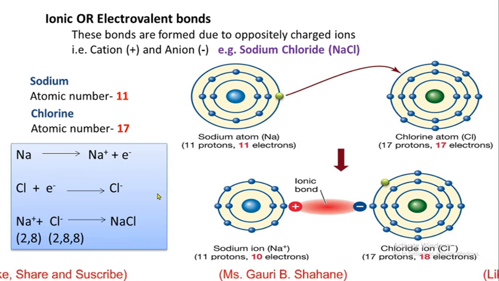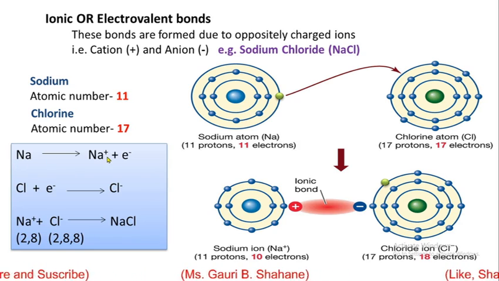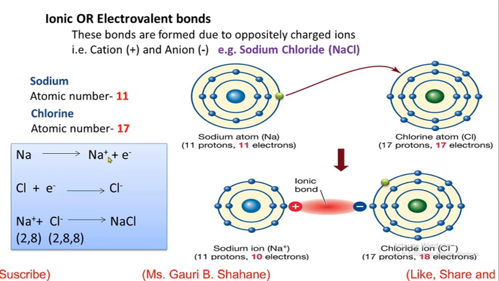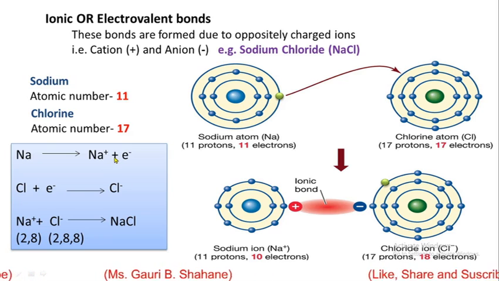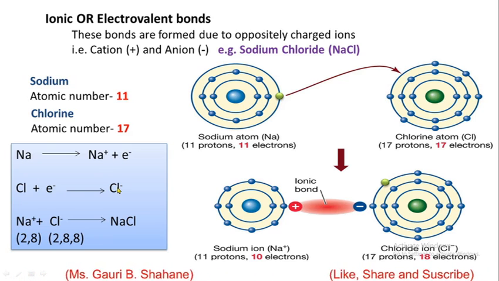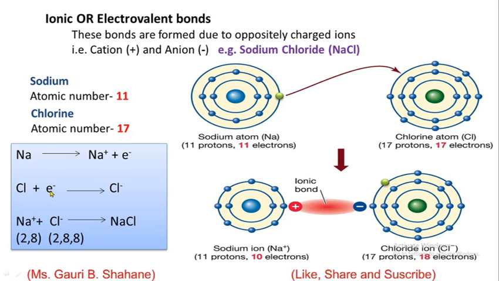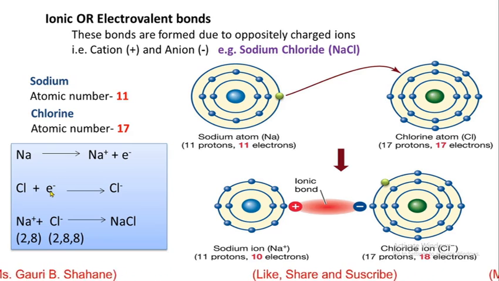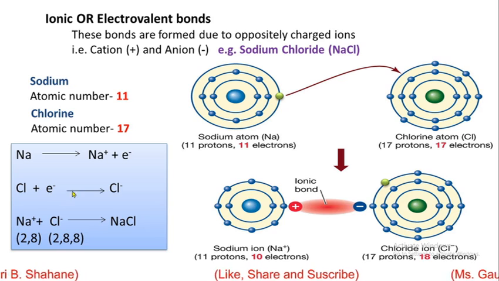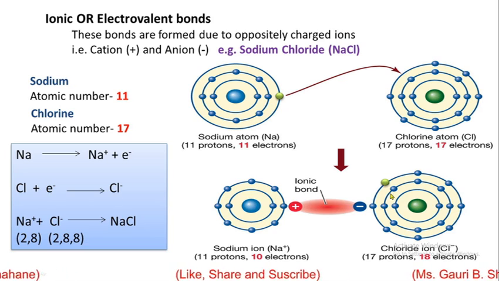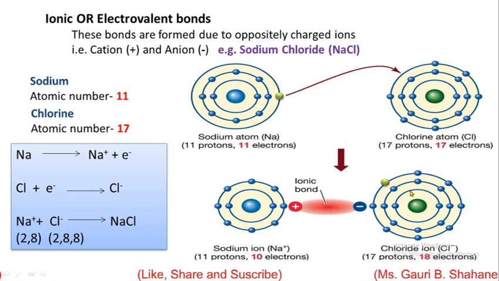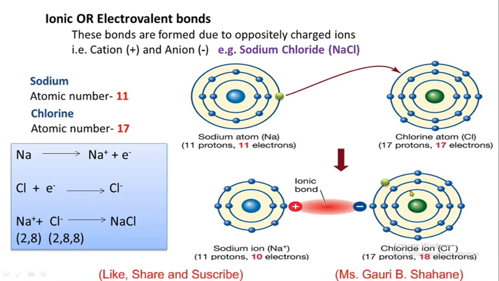Here, sodium atom converts into sodium ion by losing one electron, and chlorine got a negative charge due to getting one electron. And now finally we have two ions, Na plus and Cl minus, which are oppositely charged. Now see the definition of ionic bond again.